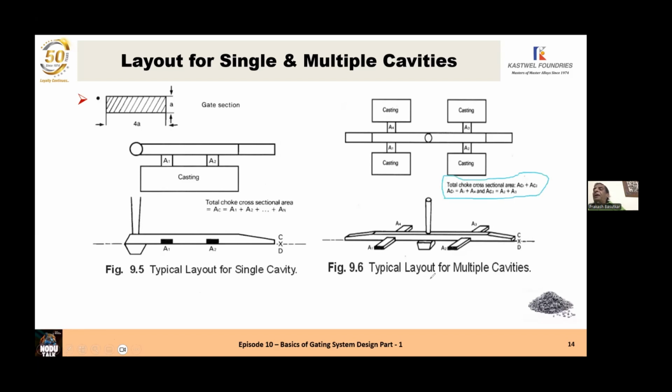A1 is the in-gate on the runner on the left, and on the other side is the other cavity. So in-gate is A4. On the right-hand side, you have the second cavity, in-gate is A2. On the back of this is A3 and the third cavity. So this is a typical gating system for one cavity and multi-cavity patterns.